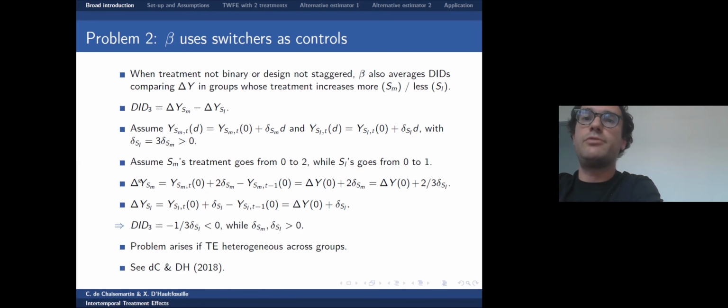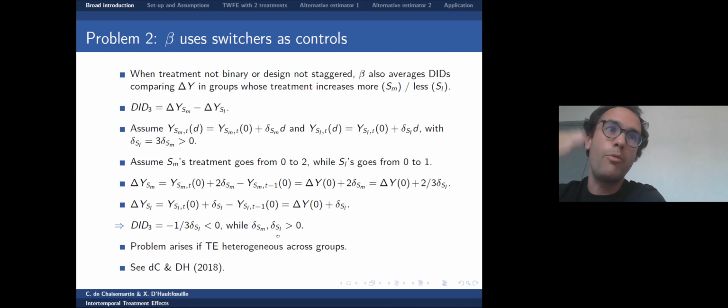DID3 takes the difference between this and that, and accordingly, you see that DID3 is going to be minus 1/3 of the slope of the switching less groups, which is strictly negative, while again, the treatment effect is strictly positive for everyone. And here, the problem only arises if the treatment effect is heterogeneous across groups. If those 2 slopes were to be the same, then the problem would disappear.